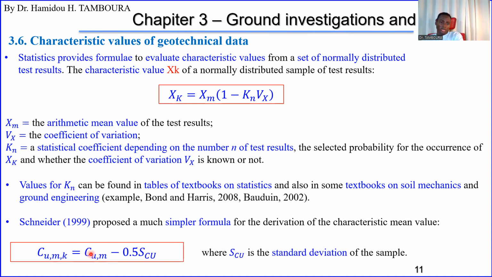In this formula, this one is the standard deviation of the sample. The standard deviation includes the number of tests and the mean value of the tests, and a very precise value, xi, square root.